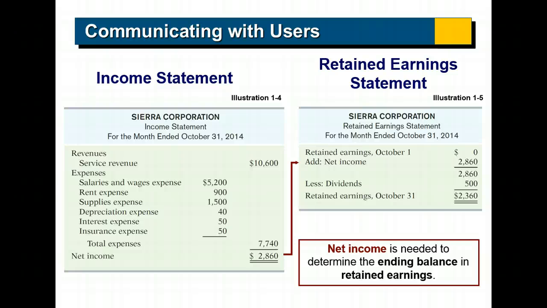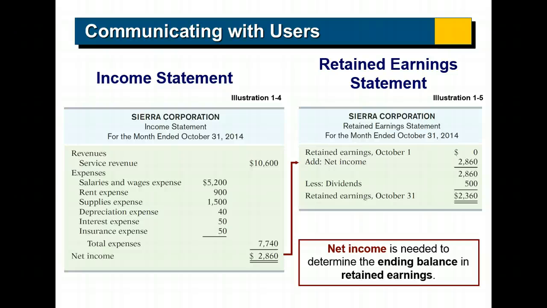So once we have that net income or net loss determined, we're going to take that figure and flow it over into the retained earnings section. And in this case, let's say the company's brand new. If we started the period with 0, we're going to then add our net income, okay, to the business, to the retained earnings section.